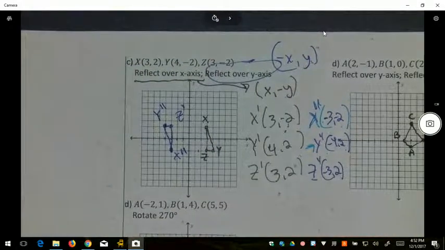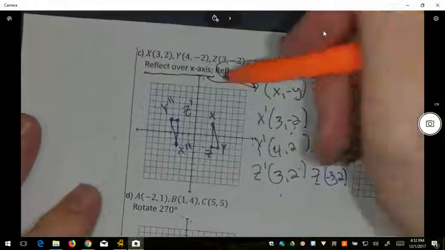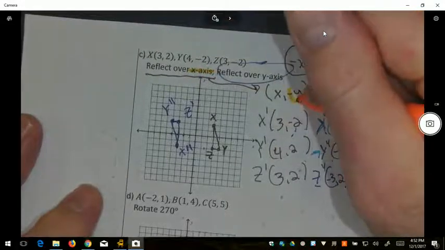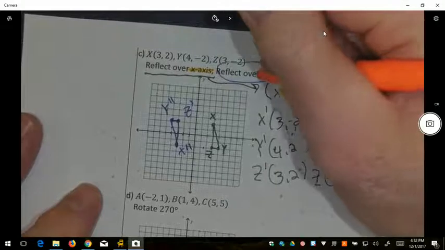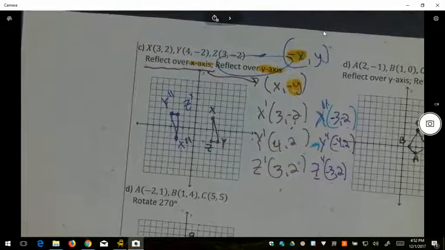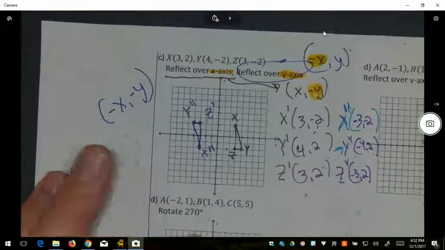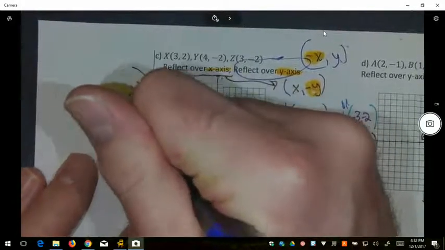There is a transformation that happened here, a single transformation. And it comes from this. When we reflect it over the x-axis, we change the sign on the y-coordinate, but not the x. When we reflect it over the y-axis, we change the x-coordinate, but not the y. So in effect, in the end, we've really changed both the sign on the x-coordinate and the y-coordinate, which, if you have memorized your rules at this point, you know that this is a rotation of 180 degrees.